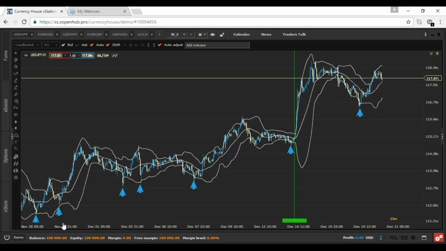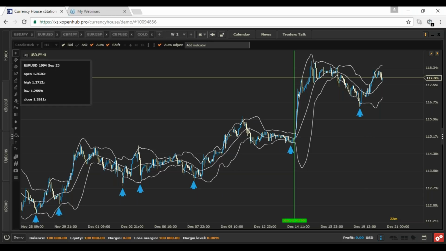You can see I have indicated a couple of signals which Bollinger Bands is showing us. So once the price gets to the downside range, when the price touches the bottom line, it's a good signal to buy this asset because we see that the uptrend is very, very strong in this pair.